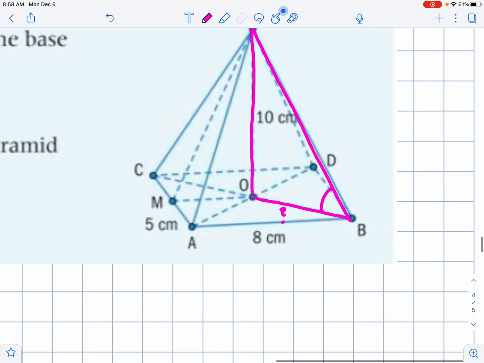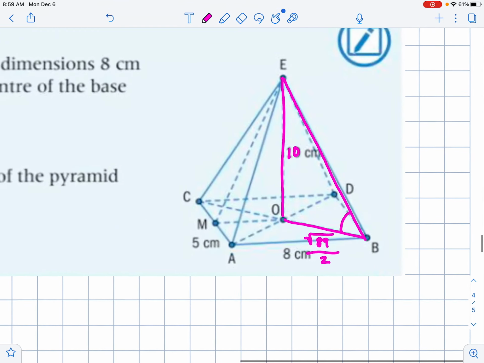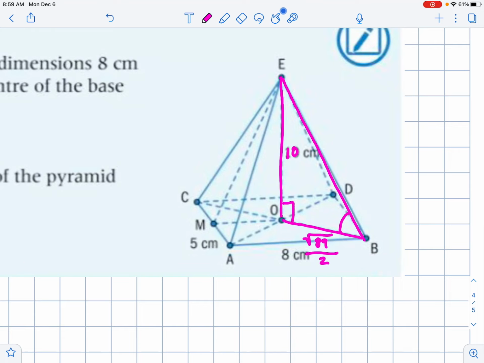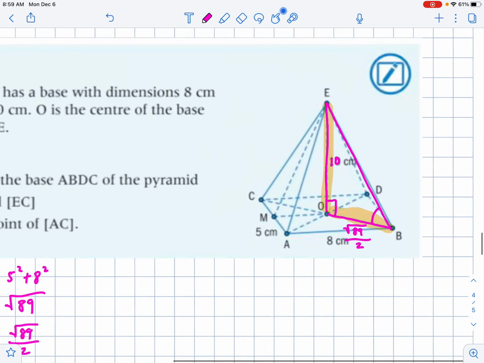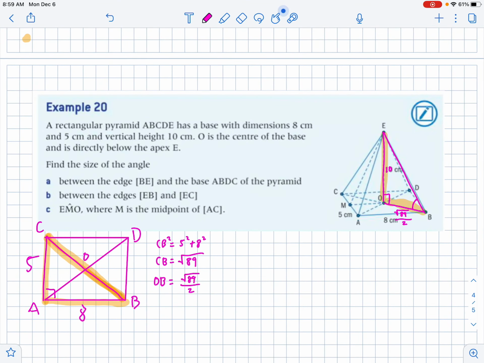Now if I go back over here, that means that this side, the height, is 10, and this side is root 89 over 2. So in this right triangle, this is the opposite side and this is the adjacent side. So that means I need to use tangent.